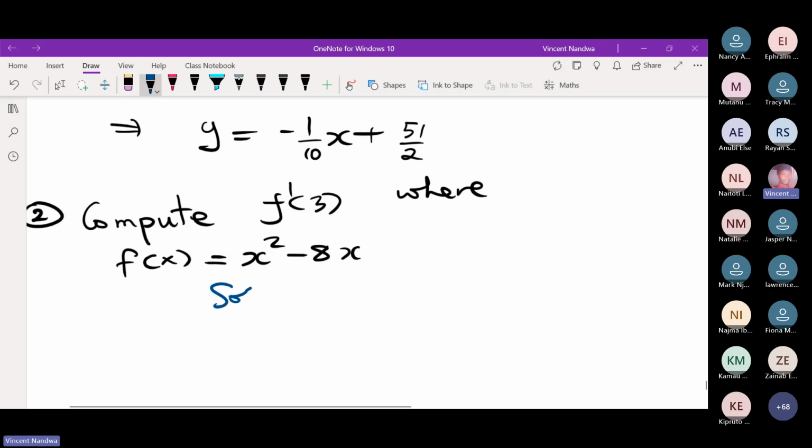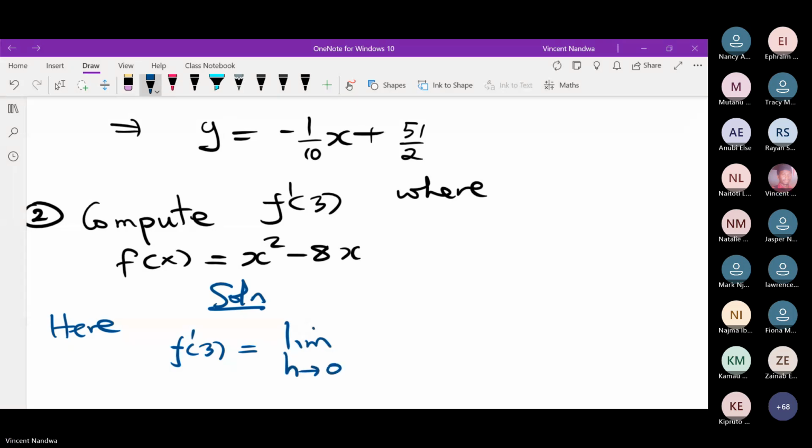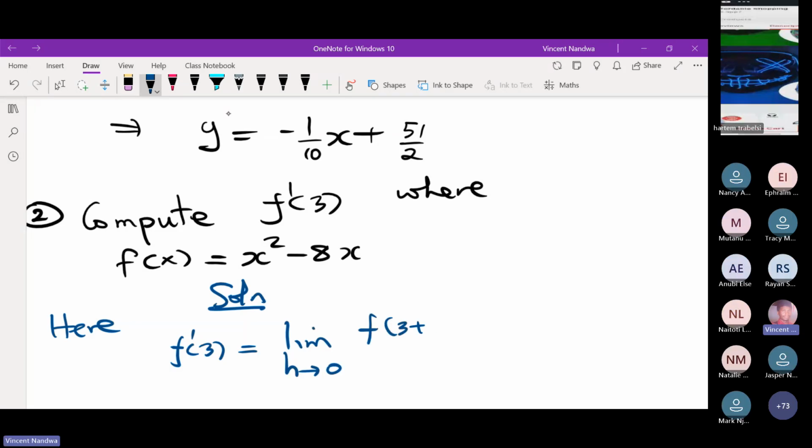So solution. Here, f prime at 3 is by definition the limit as h approaches 0 of f of 3 plus h minus f of 3, divided by h. This is by definition.